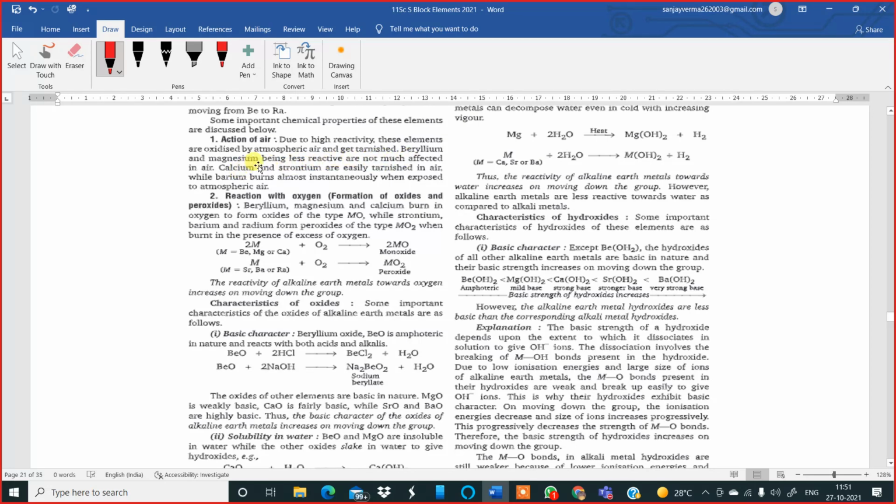However, calcium and strontium are easily tarnished in air, while barium burns almost instantaneously when exposed to atmospheric air. So this sentence becomes important over here. Barium burns almost instantly when exposed to air. Just have a look at the first one, action of air.